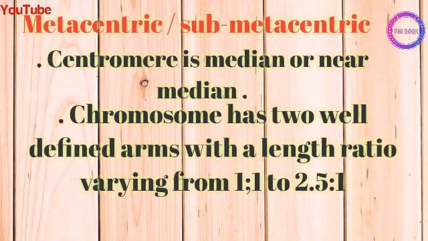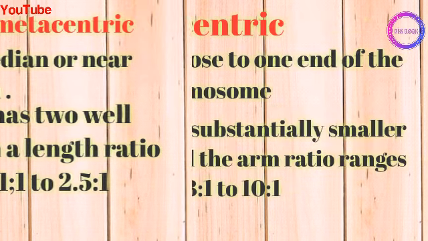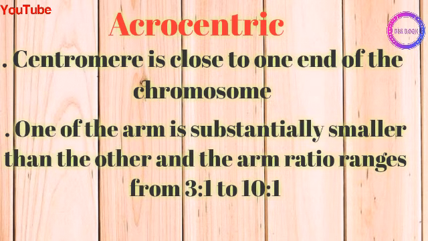Coming to the next slide, the acrocentric position of the centromere. The centromere is close to one end of the chromosome. So here the centromere is going to be completely shifted to one end of the chromosome.